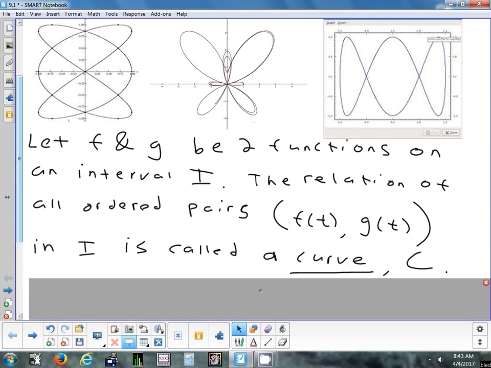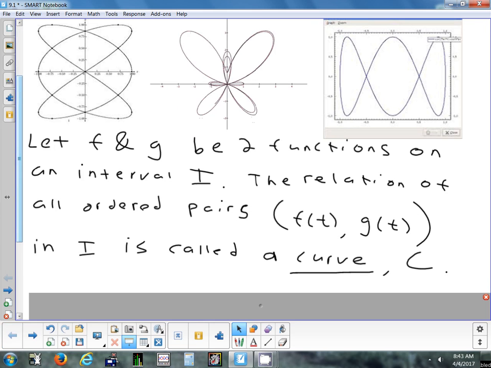A lot of times they fail the vertical line test. So you take all the numbers you can generate using your first function, all the numbers you can generate using your second function, which calculates the y's, and you write them as coordinates, graph them, and you have what's called a curve. I call it the curve C. That's all. I just gave the curve a name.